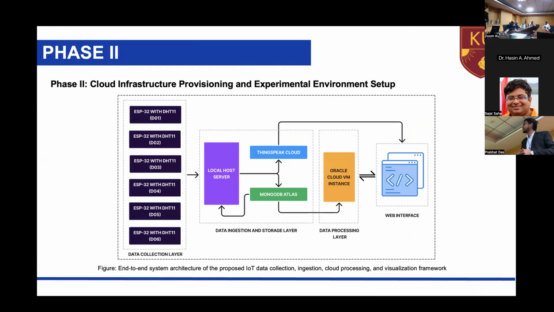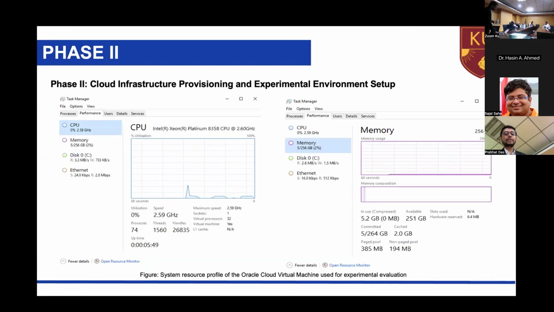From MongoDB, we again sent the data to an Oracle Cloud computing instance, which was used for computational purposes. Basically, we created a virtual machine in Oracle Cloud, where we deployed the entire algorithm that we had designed. These are screenshots from the task manager of the machine that we created, with 256 GB of RAM and 32 cores with a 2.6 gigahertz base clock speed.